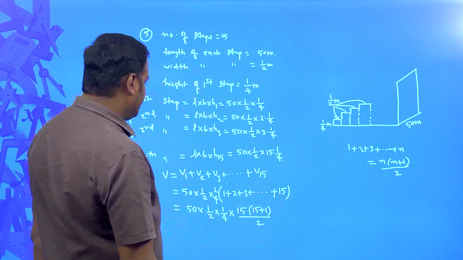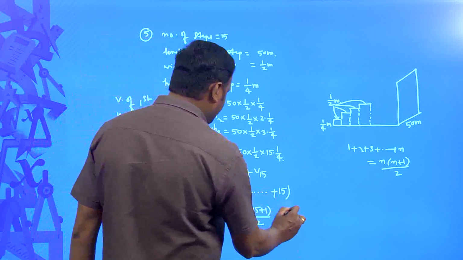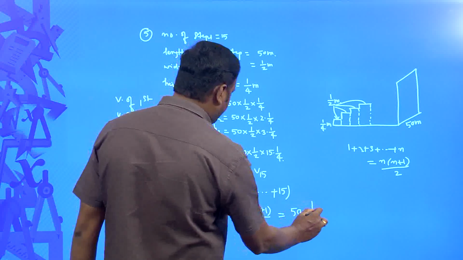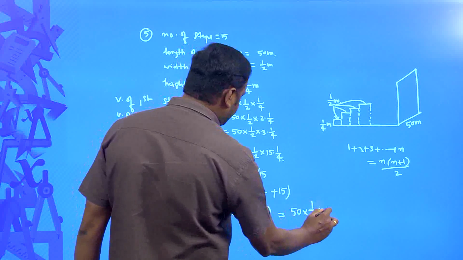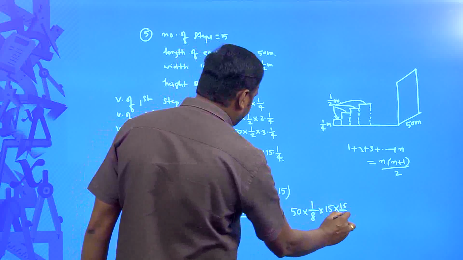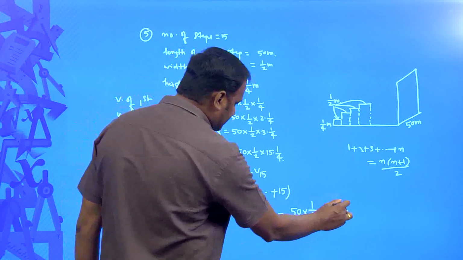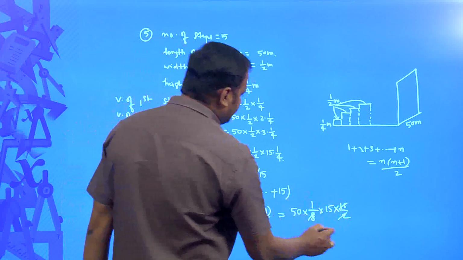So, finally, the value of this is going to be 50 into 1 by 2 into 4, which is 50 by 8 into 15 into 15 plus 1, which is 16, divided by 2. See here, 8 into 2 is equal to 16 and 16 gets cancelled. 15 into 50 is 750.